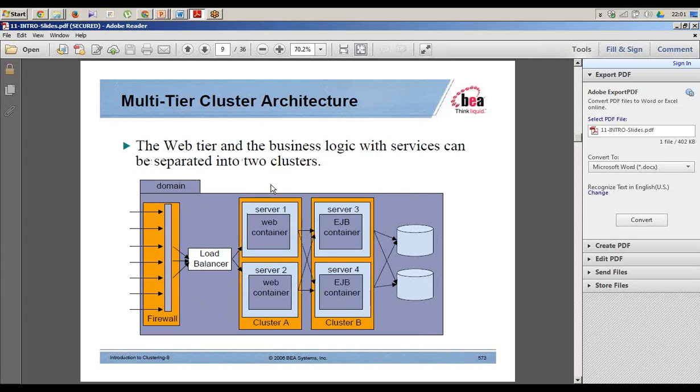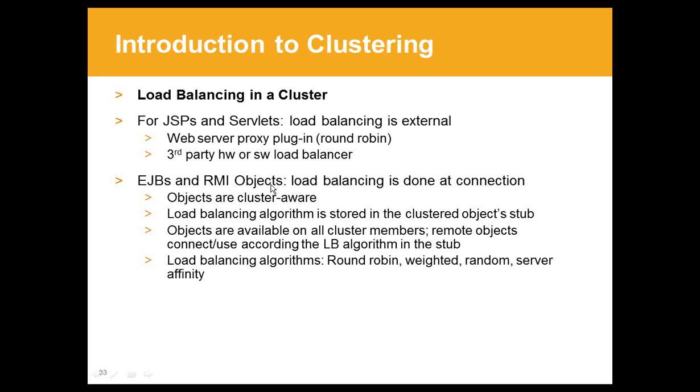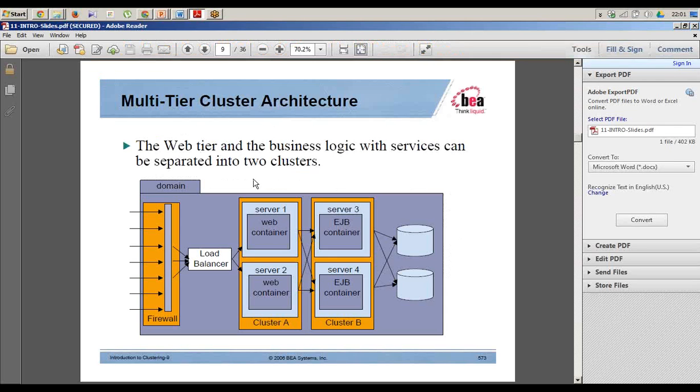And let's see. So this is the basic cluster architecture for JSP and servlets. In that basic cluster architecture, the requests go equally to JSP and EJBs. So how is it different from multi-tier cluster architecture?